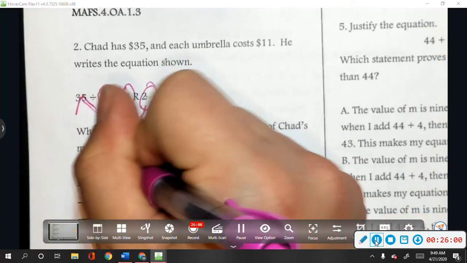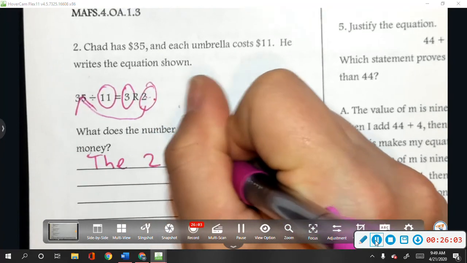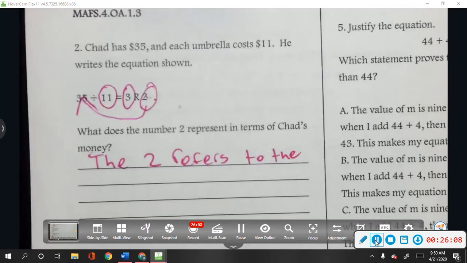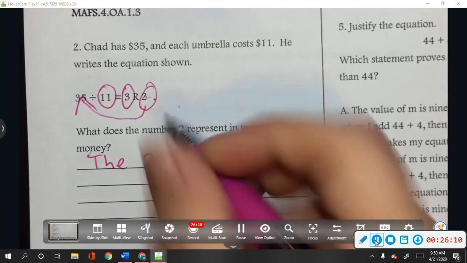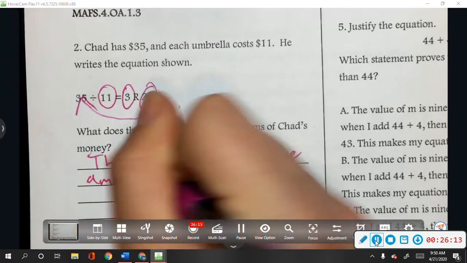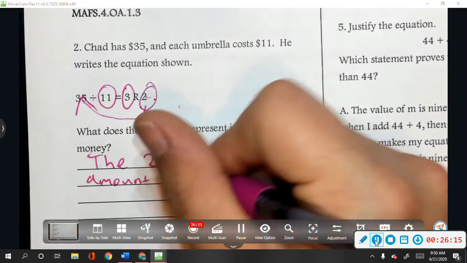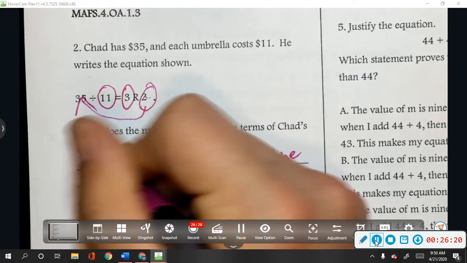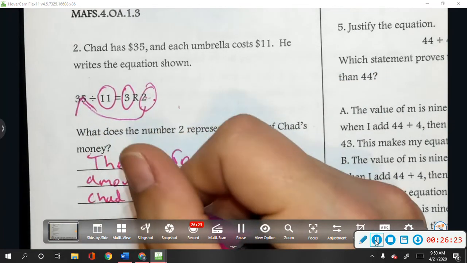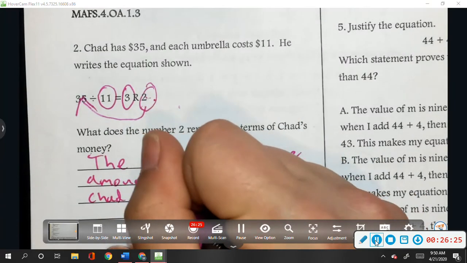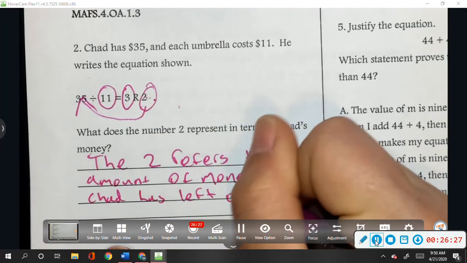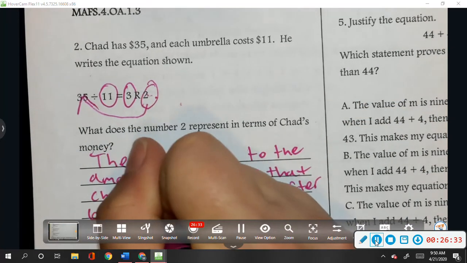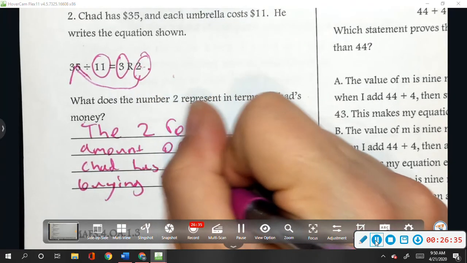The 2 refers to the amount of money that Chad has left over after buying 3 umbrellas.